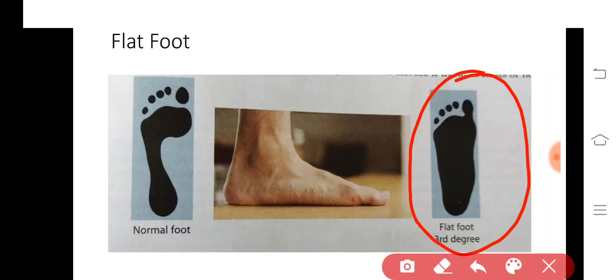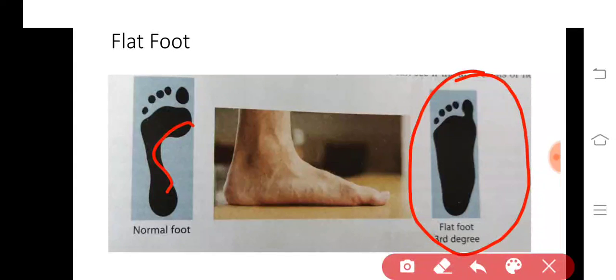Our feet support the whole weight-bearing process while standing, running, or jumping. This is the arch, and if this arch is lost, weight distribution becomes altered and causes premature tearing of the feet.